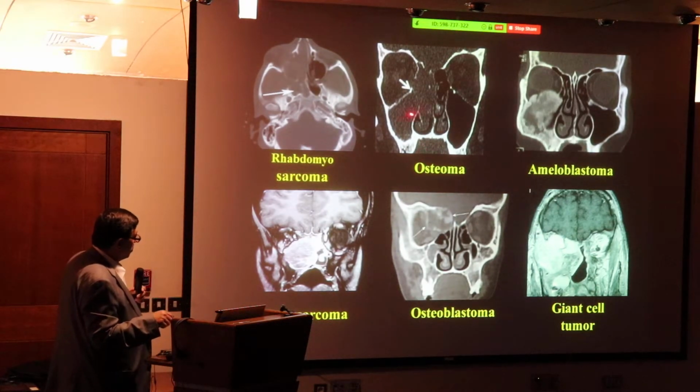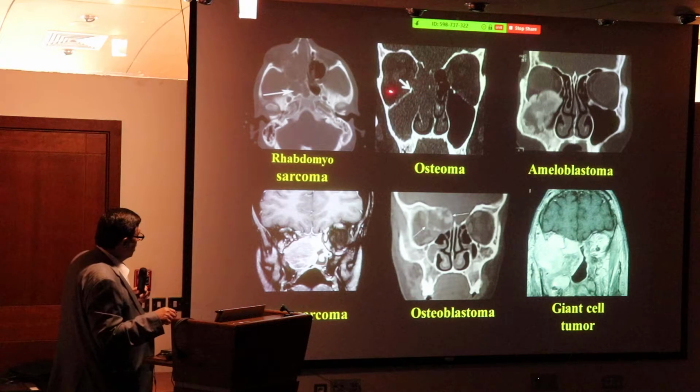Rhabdomyosarcoma, osteoma. Whenever you see arrows, these are not my cases. This is from Osborn's book of radiology, but the others are my cases.